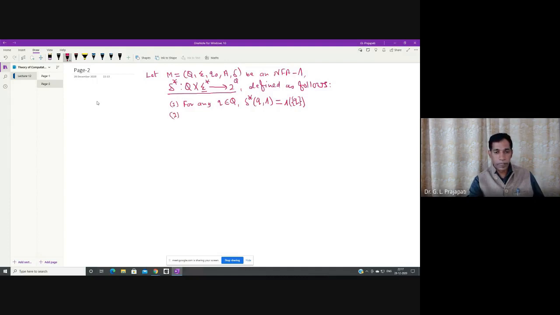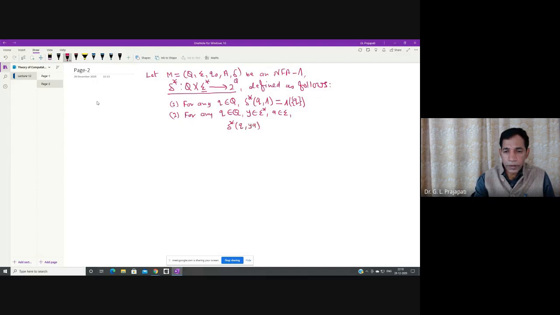In the second case, for any Q belonging to Q, y belonging to sigma star, and some input a taken from sigma, the transition function delta star(Q, ya) is defined as follows.